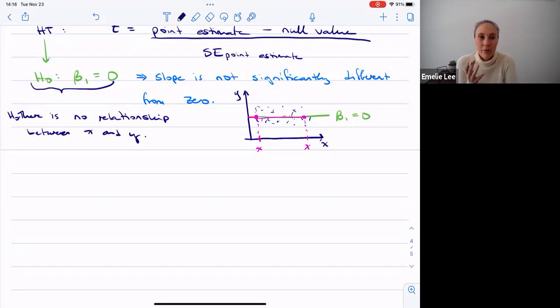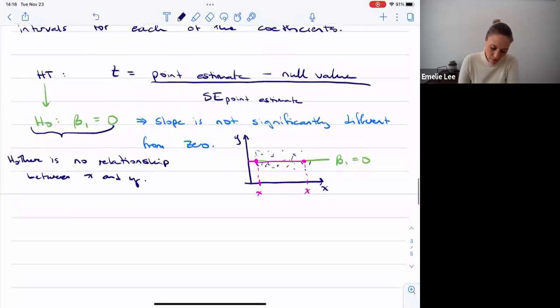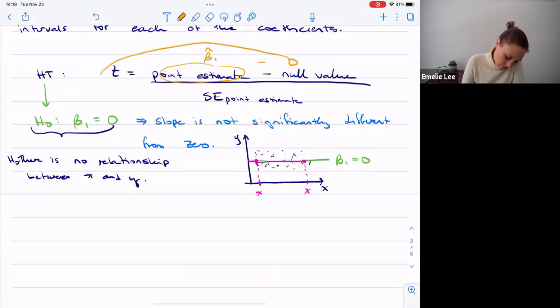So if we have a point estimate for the slope, then that's going to be your beta 1 hat minus the null value. The null value is that beta 1 equals 0. So the null value here is 0, which is from here.